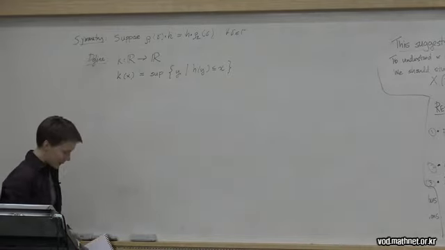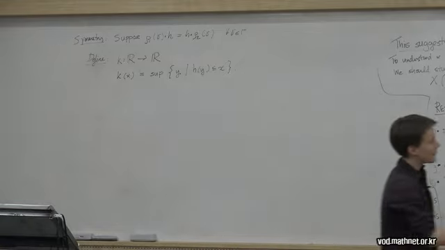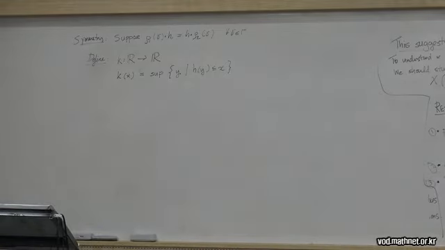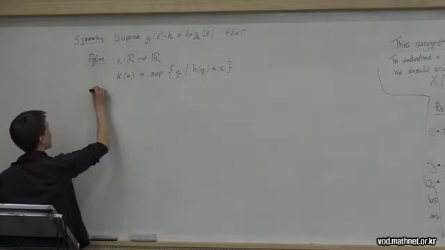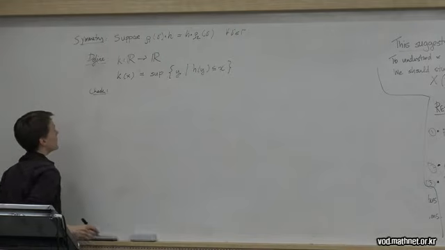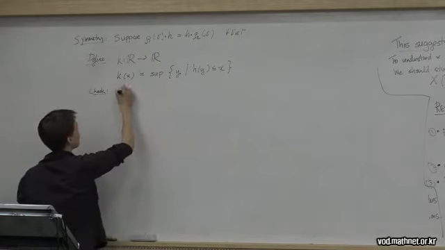And I claim that this satisfies all the properties here. And it does a semi-conjugacy with the roles of row 1 and row 2 reversed, the way it's written here. Okay. So let's check that this works. So first thing I want is that it commutes with integer translations.